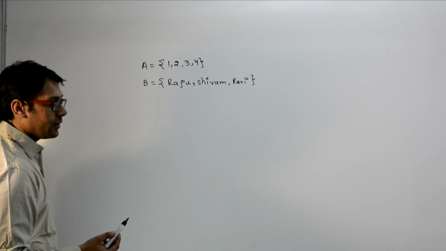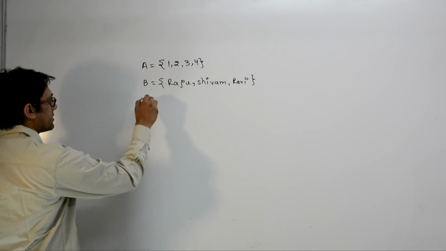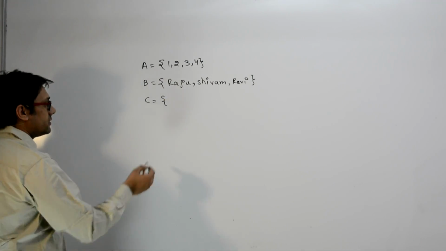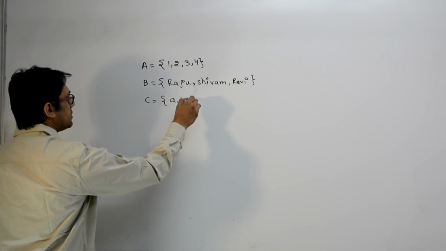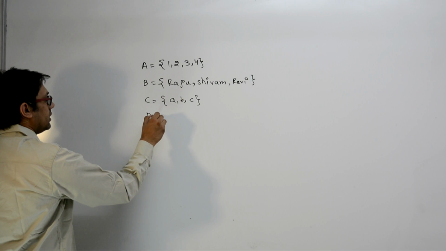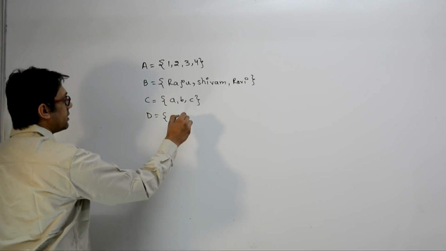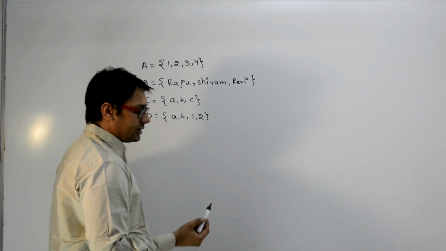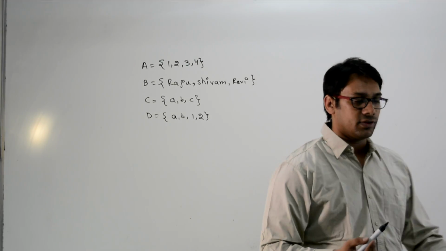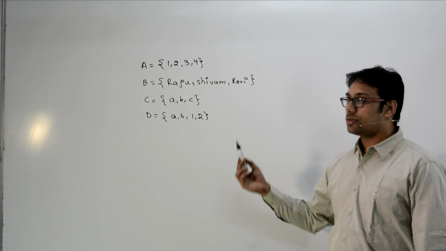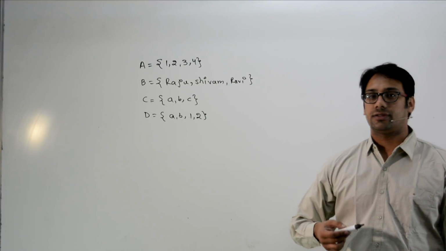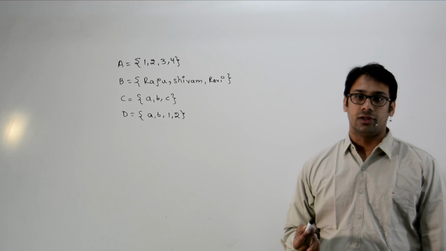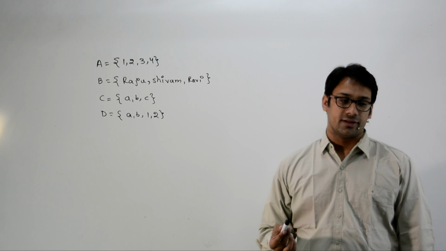In the same way, we can have a set C, which contains some characters A, B, C. We can have a set D, which is a combination of some characters as well as some numbers. So these are the 4 sets, and these 4 sets are well-defined collections of objects, and this does not necessarily mean that they should be ordered. These objects can be unordered at the same time.